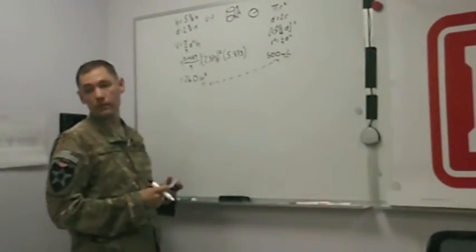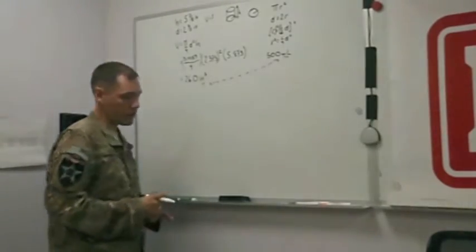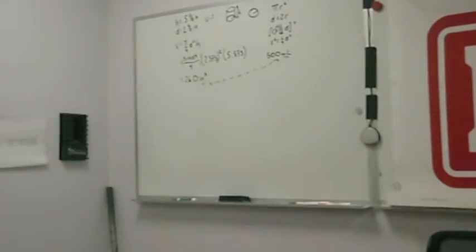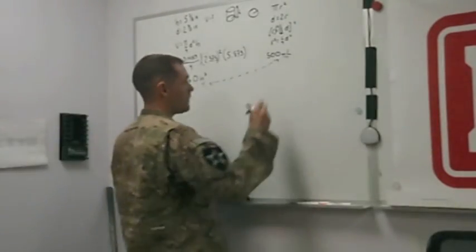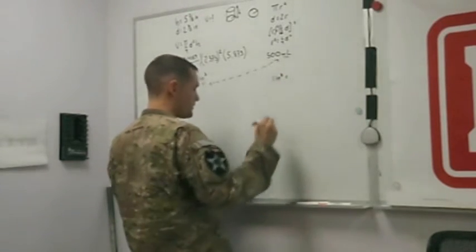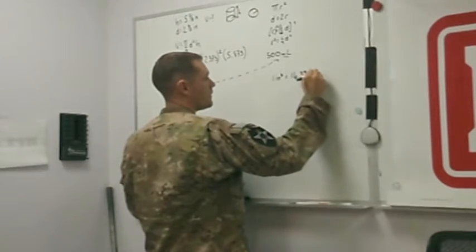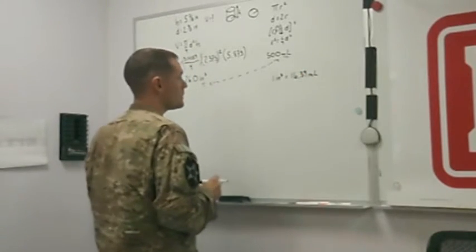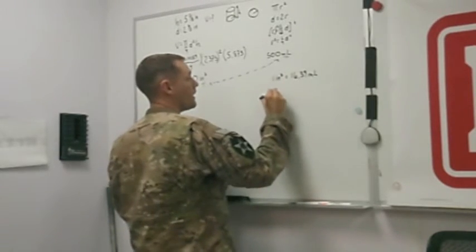I don't think I have it, so I'll have to look that up. Oh, I have it right here, just off to the side. So, looking this up on the internet, 1 cubic inch is equal to 16.39 milliliters. So, if I divide both sides by 16.39, we get our unit.